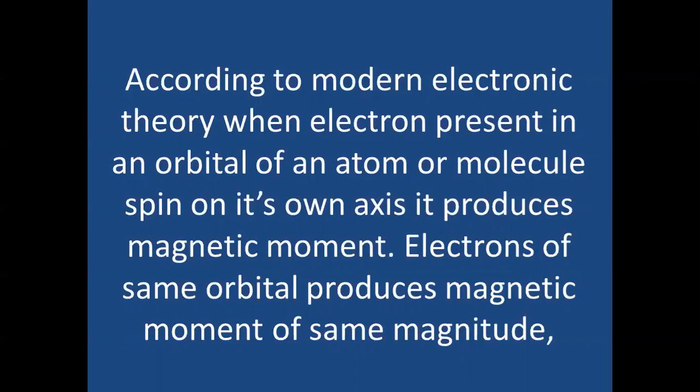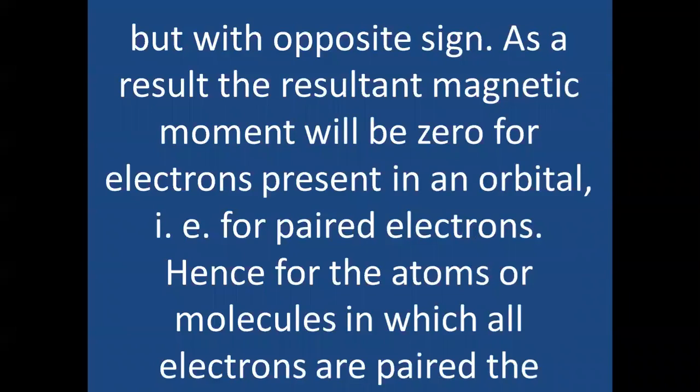two electrons of the same orbital will produce magnetic moment of the same magnitude with opposite signs, because the electrons belong to the same orbital. So they produce the same amount of magnetic moment, but the sign is opposite. One is with plus sign, the other with minus sign.